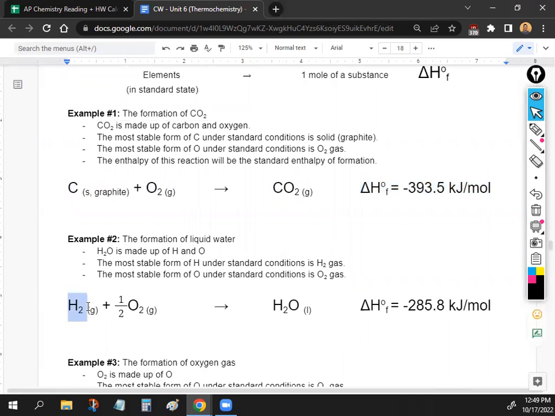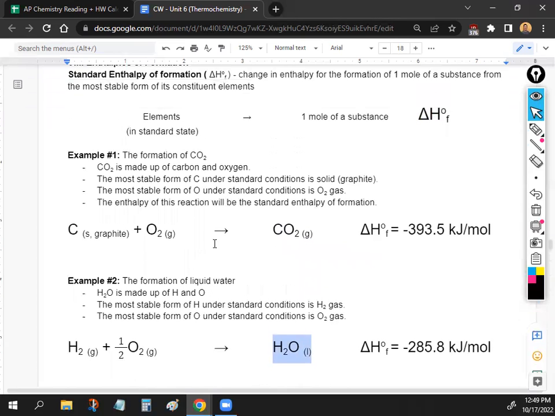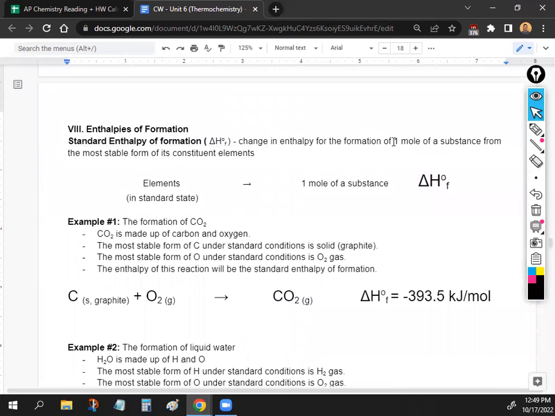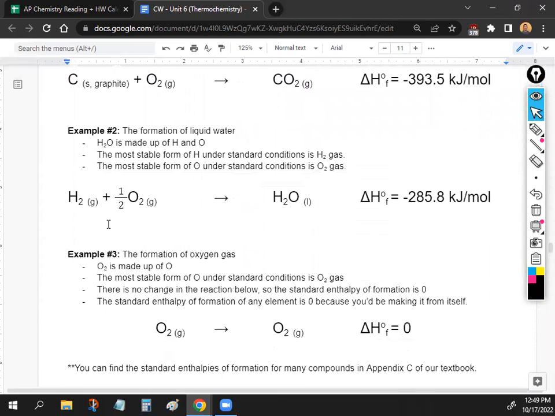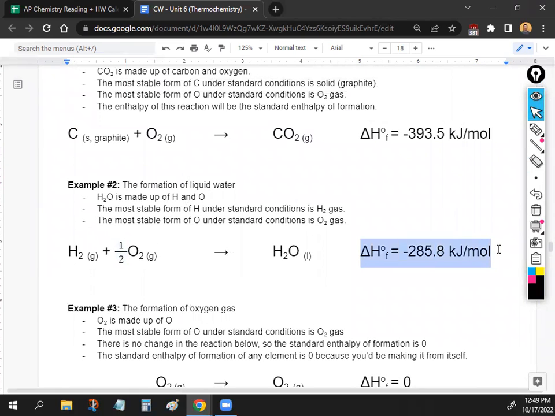Most stable form of H is H2 gas. Most stable form of O is O2 gas. And since we're talking about making 1 mole of water, that's what standard enthalpy is. It's the formation of 1 mole. We have to use half a mole of oxygen, and the enthalpy of that reaction will be the standard heat of formation.